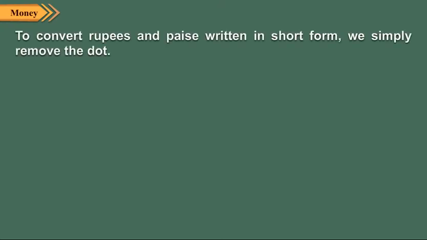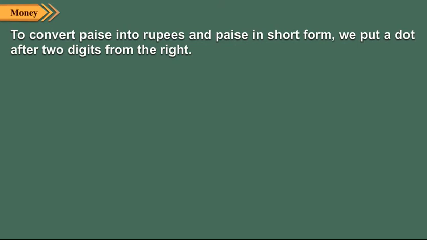To convert rupees and paise written in short form, we simply remove the dot. For example, to express rupees 6.50 as paise, we remove the dot to get 650 paise. Similarly, rupees 15.05 can be expressed as 1505 paise by removing the dot.